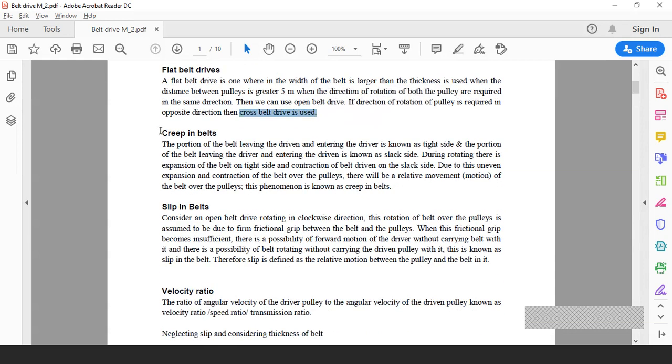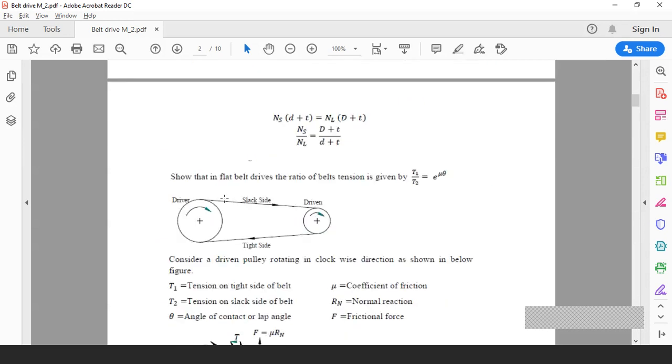Next, there are two important terms that come in belt drives: one is slip, another one is creep. Creep in a belt is related to the variation in the length of the belt. If I consider the example of an open belt drive, the driver is rotating in one direction, say clockwise, and the driven is also following the same direction of rotation.